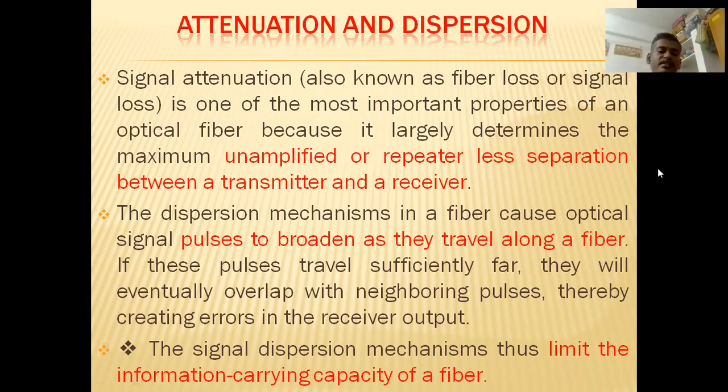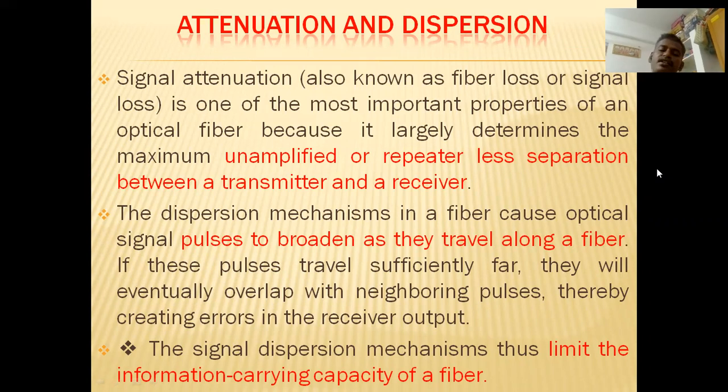Students, whenever the signal is transmitted over a long distance in fiber optical cable, losses will occur. Signal attenuation, also known as fiber losses or signal losses, is one of the most important properties of an optical fiber because it largely determines the maximum unamplified or repeaterless separation between transmitter and receiver.